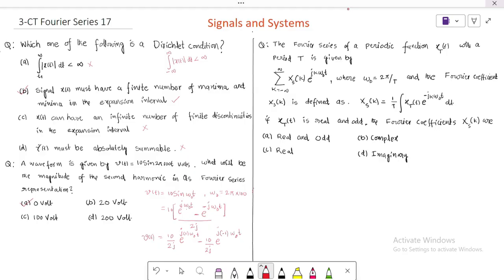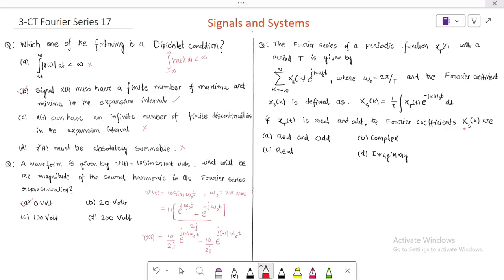The next question: the Fourier series of a periodic function x of t with period T is given, with the Fourier series representation where 2 pi by T is omega naught, and the Fourier coefficient formula is given. Next, if x of t is real and odd, what is the Fourier coefficient x k?